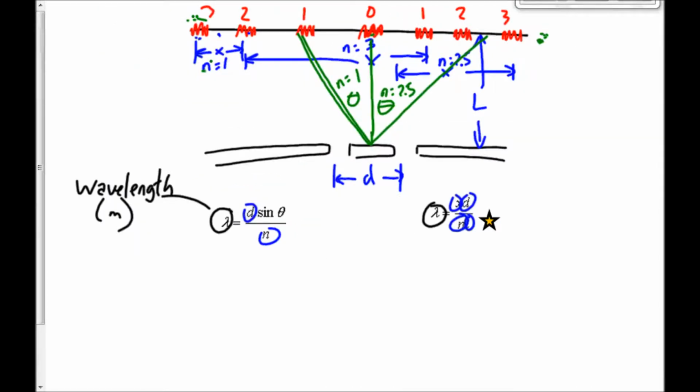If we're good with those two equations and what those variables mean, then I want to point out one more little thing. The second equation is starred. It's starred because it's not actually true. It's not, strictly speaking, correct. It's an approximation, but it's an approximation that works very well at small angles.